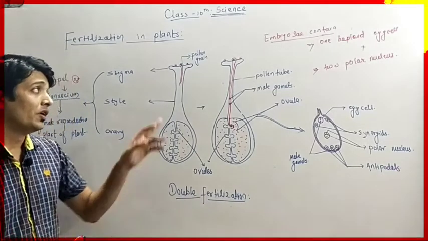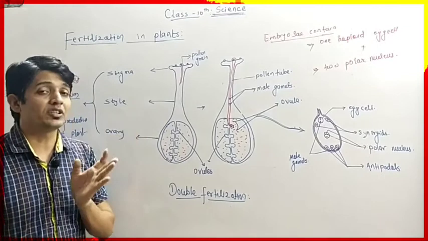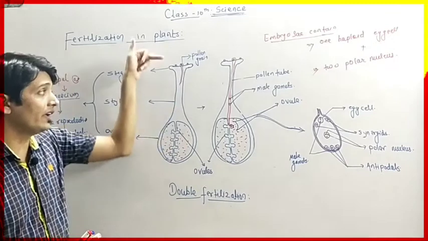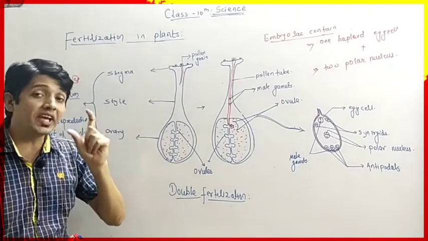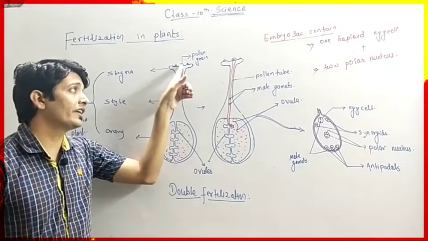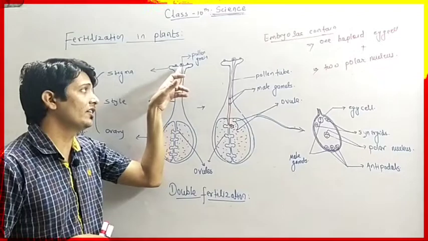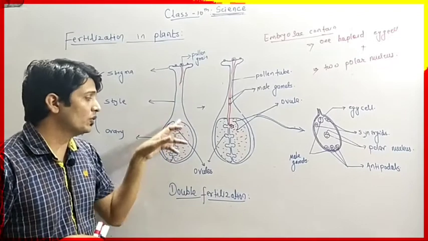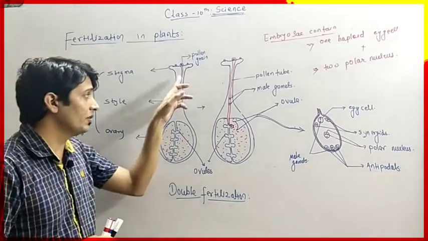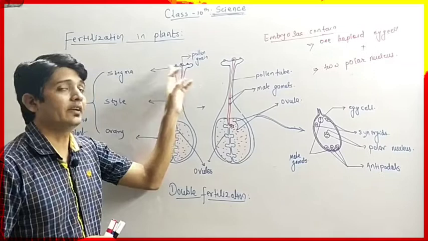Now, when the fertilization process begins, the stigma becomes sticky, and here pollen grains of the same species, the same plant's species, germinate, and the pollen tube starts developing towards the ovary. So this is the pollen tube which is formed from the pollen grains.